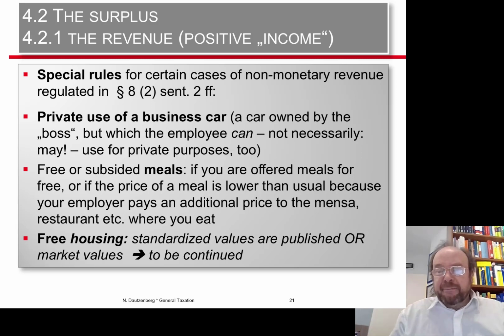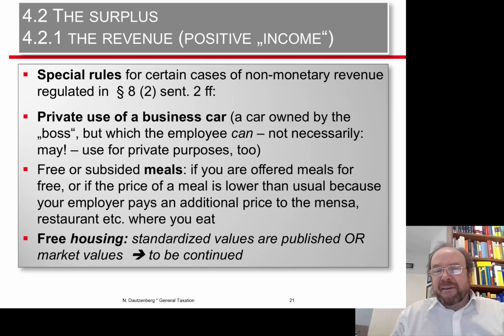Then very often people get meals in a cafeteria or a mensa near their workplace, and that is either fully paid or subsidized by their enterprise. And now if you get meals offered for free or for a far lower price than the market value, this is also a monetary advantage.